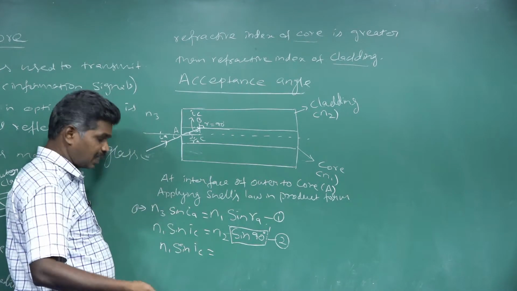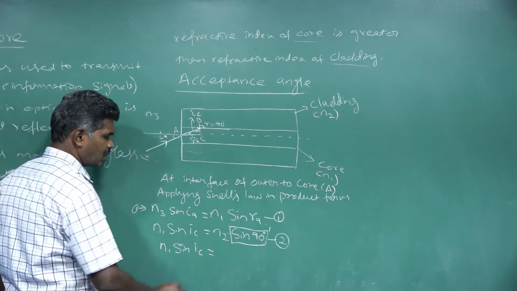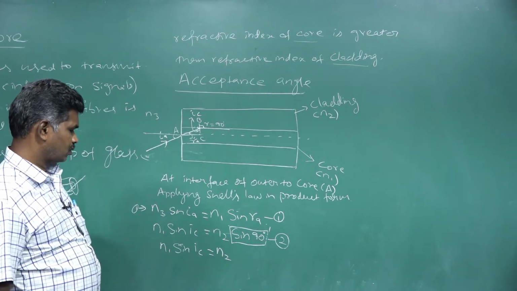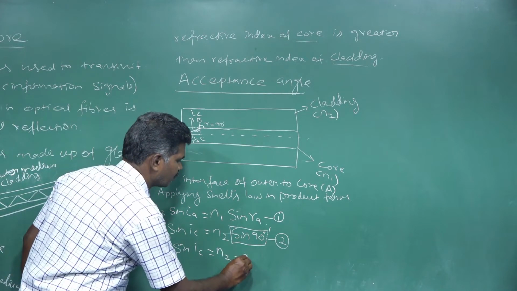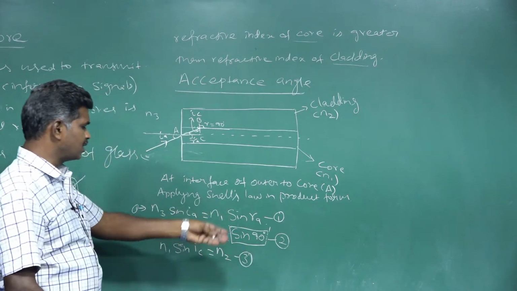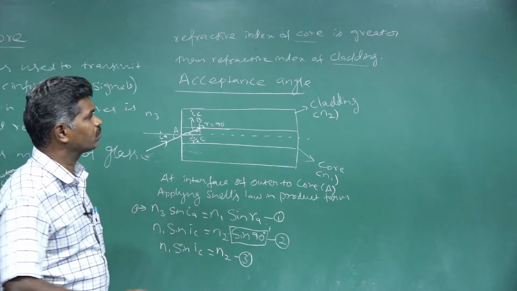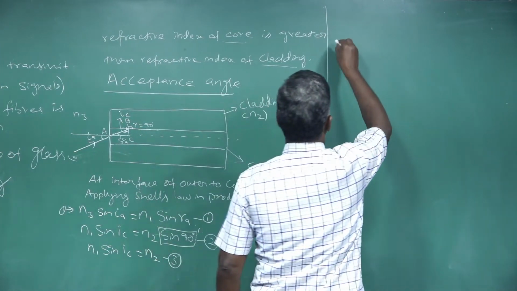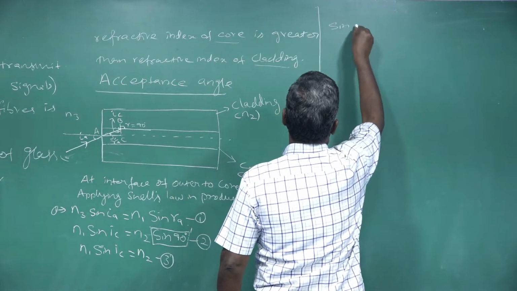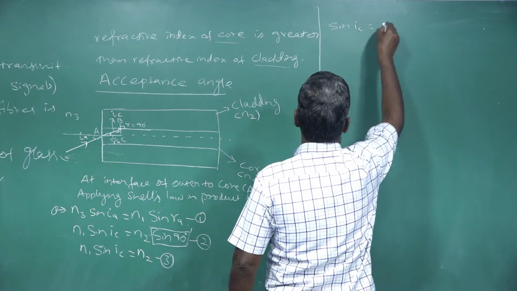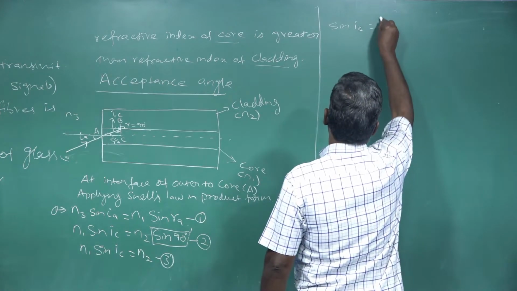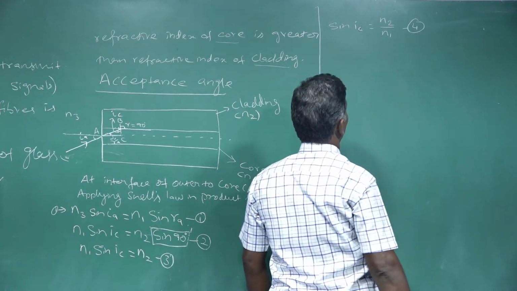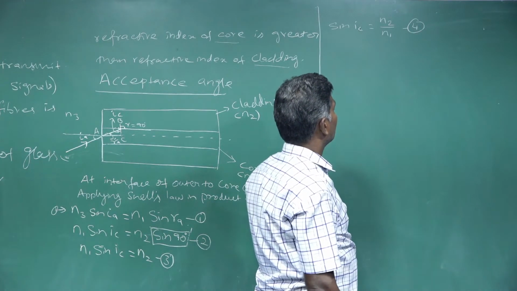From this equation 3, we rearrange to get sine IC alone: sine IC equals n2 divided by n1. This is equation 4.